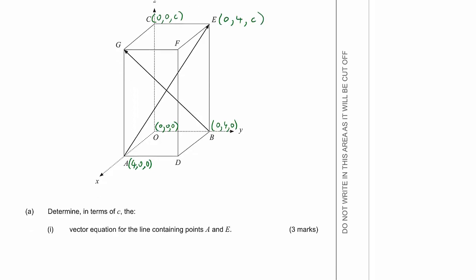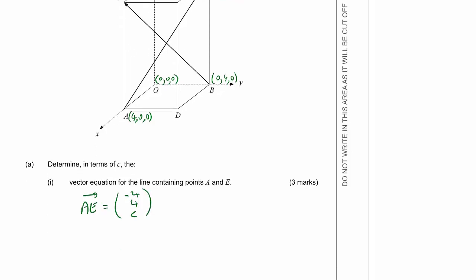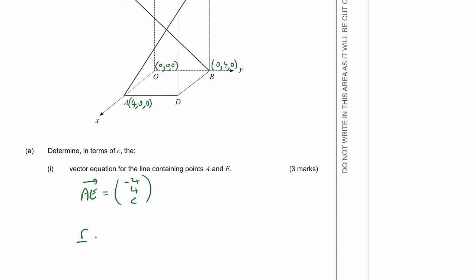So if we think about AE as a direction, we're going to go down by 4, from 4 to 0, up by 4, and up by c. So we know that A is a point on the line, and then we're going to go lambda (-4, 4, c).